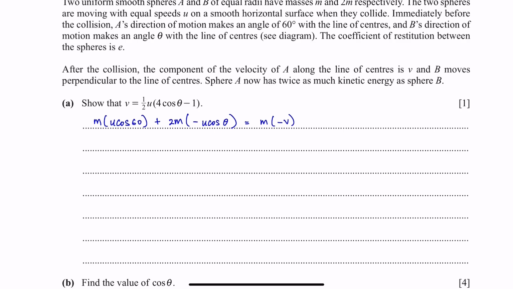So we can cancel the m and we will get half of u minus 2u cos theta equals negative v, and v would be half u times 4 cos theta minus 1.